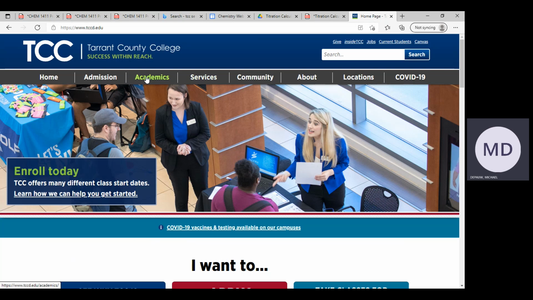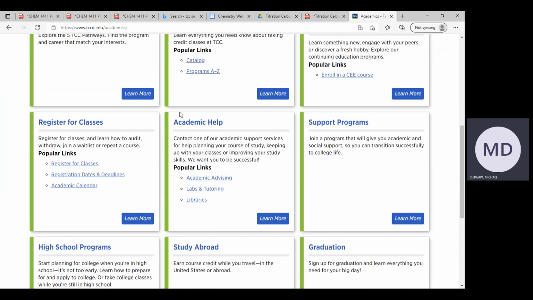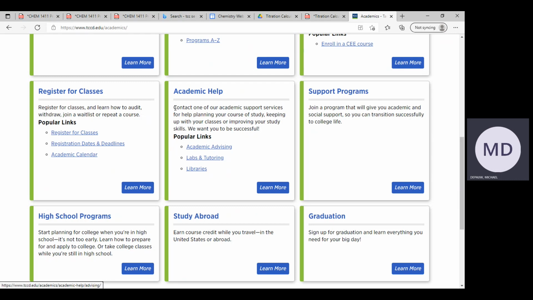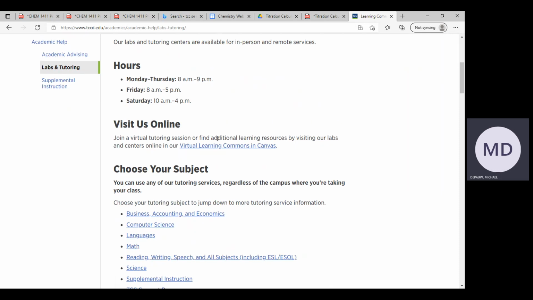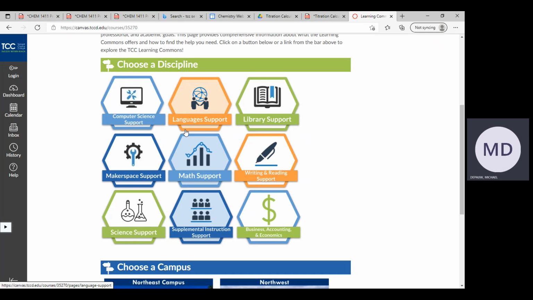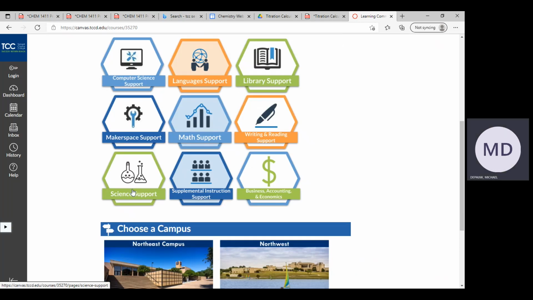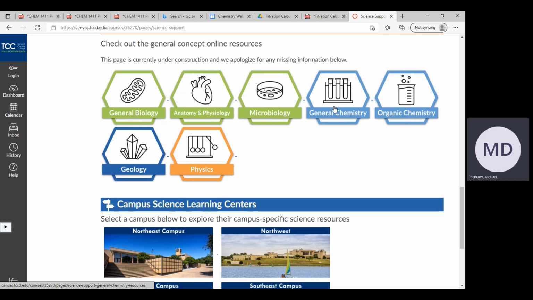So if you go to Academics under tccd.edu, scroll down to Academic Help, click on the Labs and Tutoring button, and then click on Virtual Learning Commons in Canvas. That will pull you to Learning Commons. Then you can click on Science Support, and then when you go down here, you can click on Chemistry.